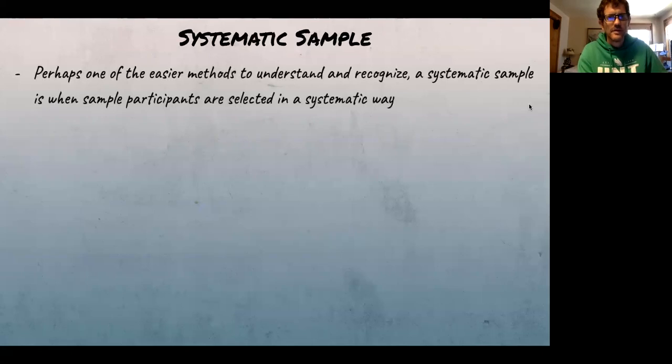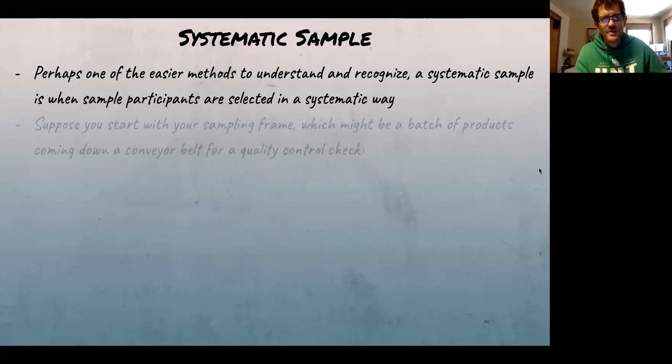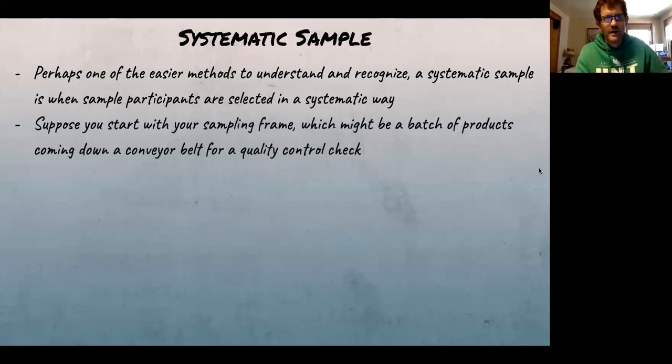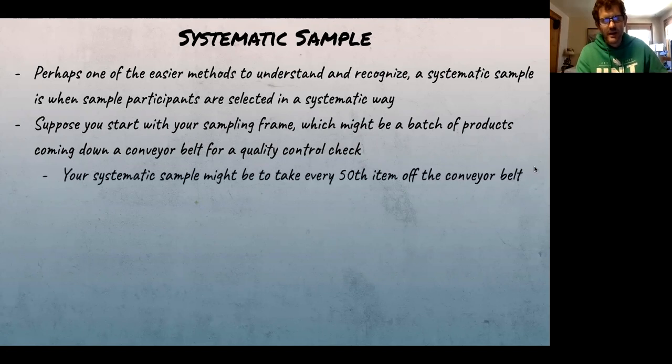Okay, the systematic sample, this is one of the easier ones to understand. Actually, when there's multiple choice questions and matching up and stuff related to this, this tends to be a little easier. So when we say it's systematic, let's look at a scenario here. Your quality control in a factory for some product, and you decide that every 50th item you're going to pull off the conveyor belt.